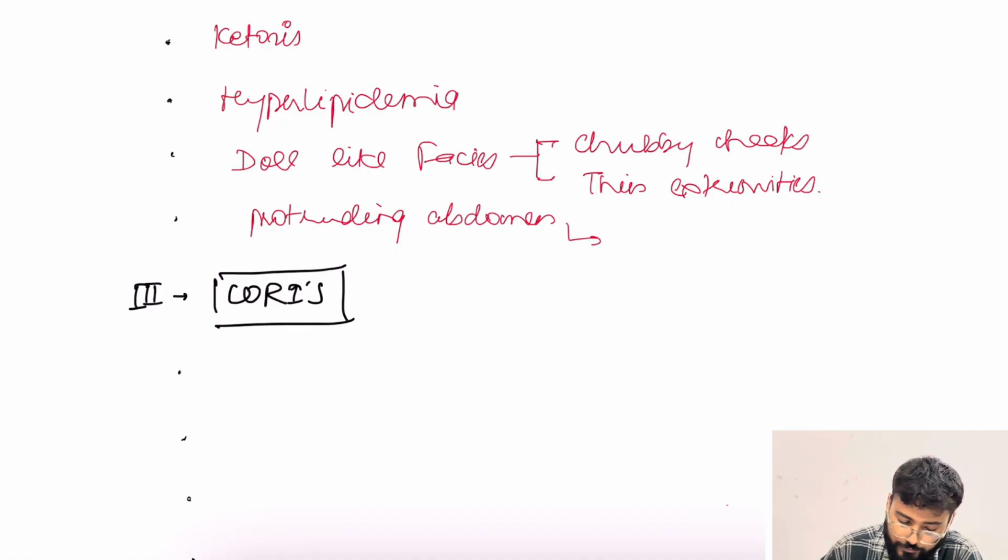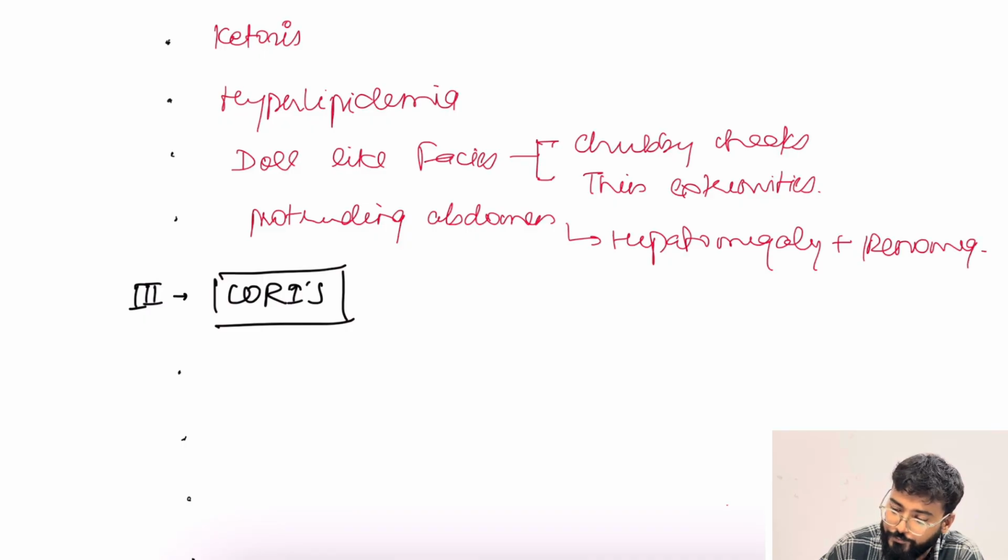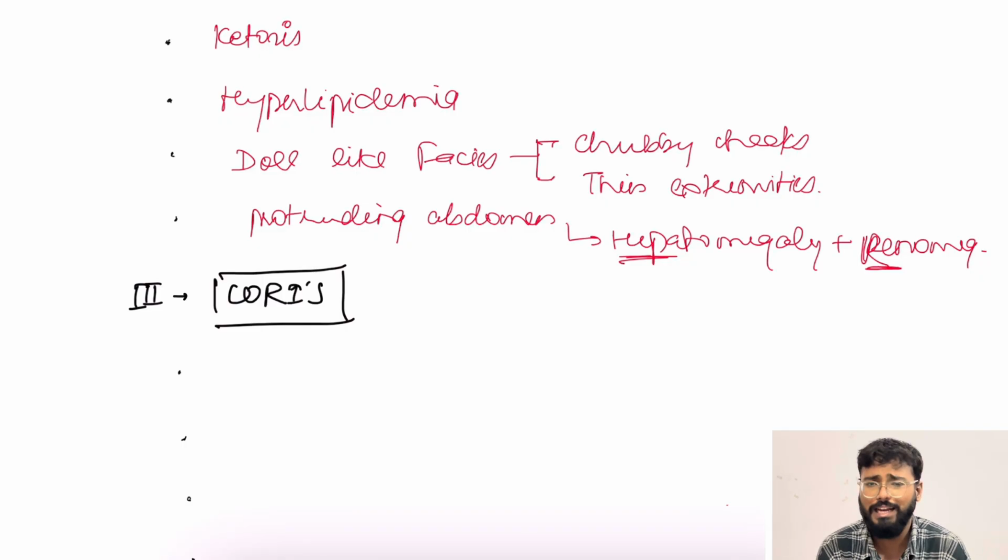which is because of hepatomegaly plus renomegaly. Hepatomegaly and renomegaly, not splenomegaly. Renomegaly occurs because there is hyperlipidemia, which causes excess fat deposition inside the kidneys, and hepatomegaly is because the process of glycogenolysis is defective, so there will be accumulation of the defective metabolites of glycogen, which will result in hepatomegaly.